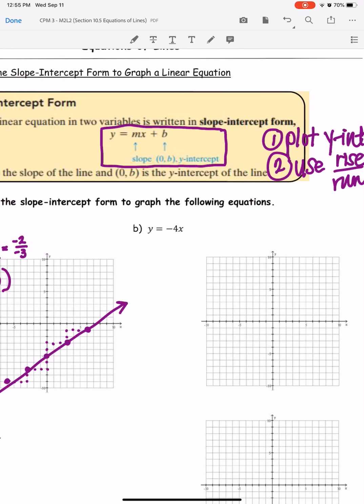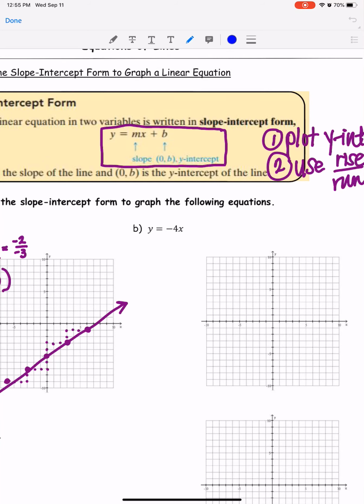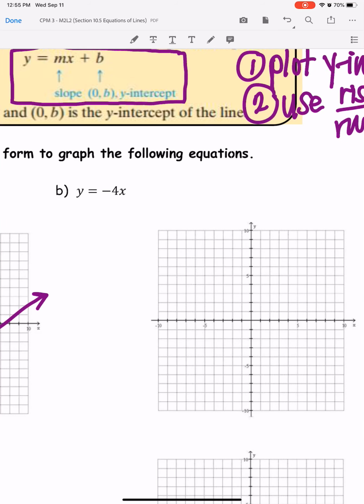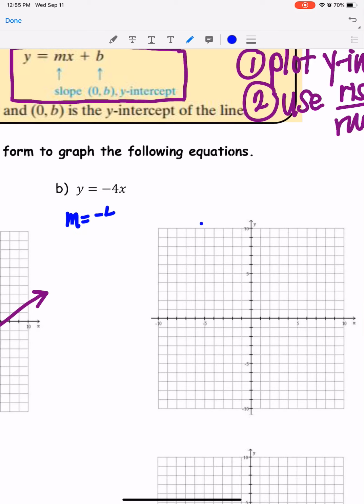So same thing on B. List out your information first. So my slope here is -4, and we need to make that into a fraction. So we've got -4 over 1.